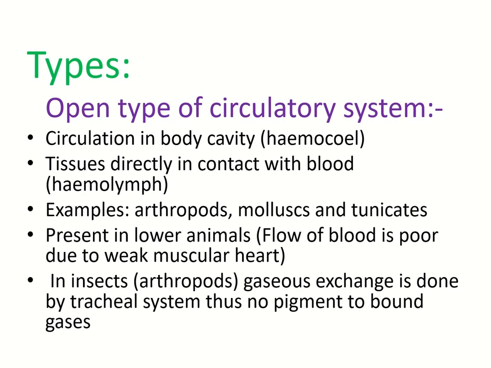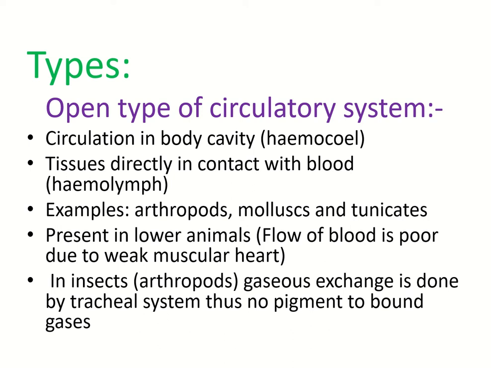Now, accordingly, there are two types of circulatory systems. Number one, open type of circulatory system. That open type of circulatory system is actually carried on within the body cavity, means the fluid or the blood is in direct contact with the body cavity.